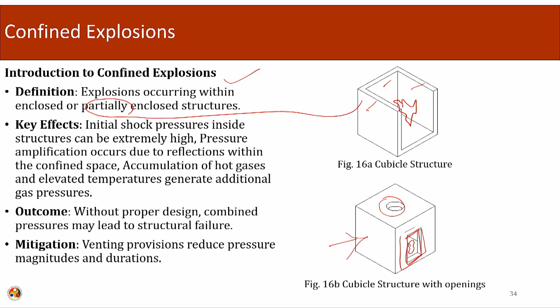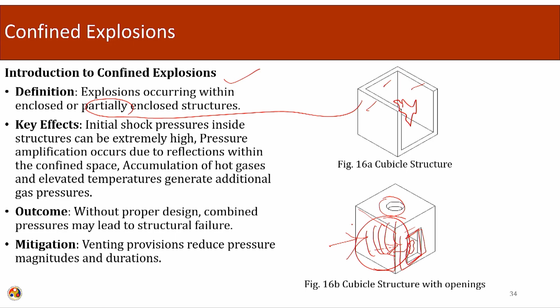So what happens during a confined blast? The initial shock pressure inside the structure can be extremely high. Due to the confinement, there will be multiple reflections. The amplification of the pressure occurs due to the reflections within this confined space. Once a blast occurs, the incident wave travels and then hits back from the boundaries, so there will be multiple amplifications in the magnitude of the pressure.